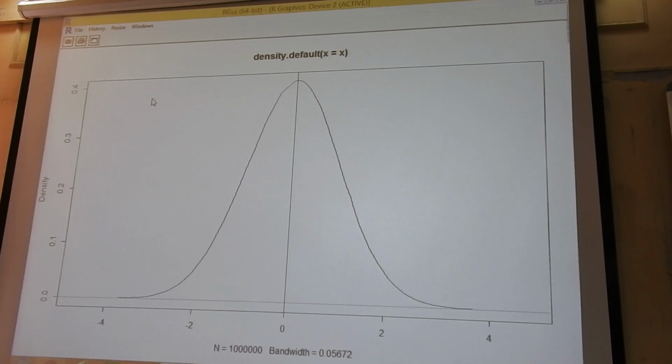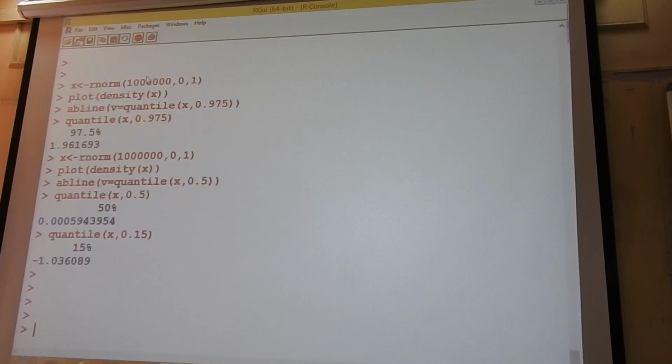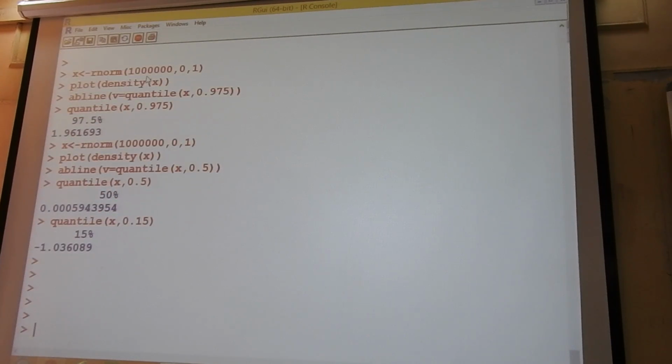Is the idea of a quantile clear to everybody? Suppose I did this, what will I get here? What do you mean by the number minus 1.036089? It represents 15% on the left.